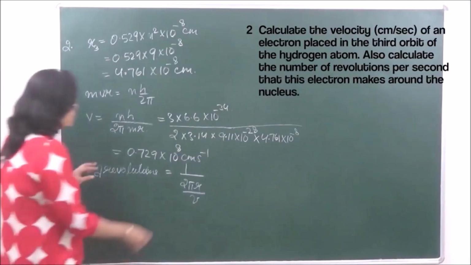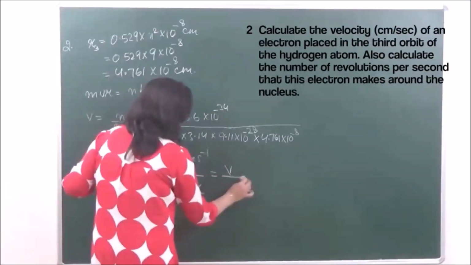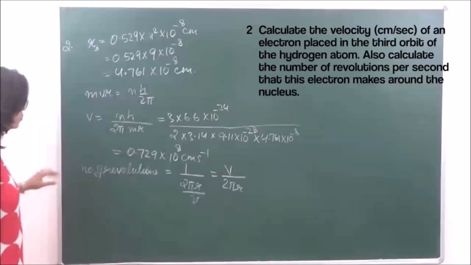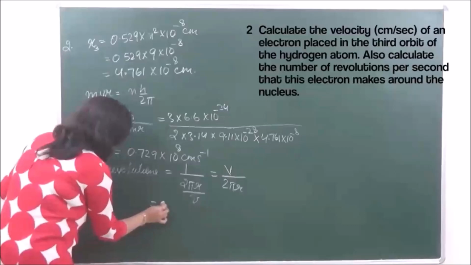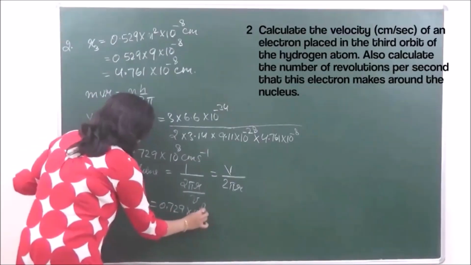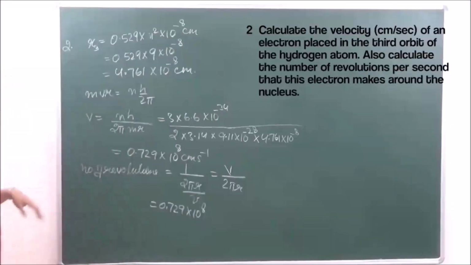Okay? So this comes to velocity upon 2 pi r. Let's put in the values. The velocity that is 0.729 into 10 raised to power 8.